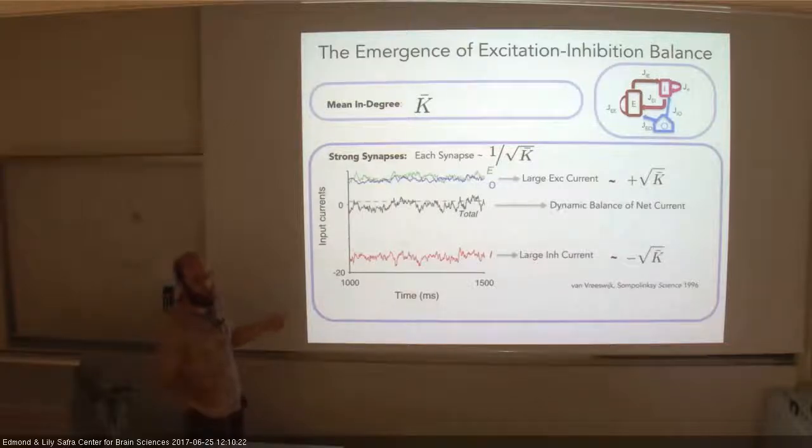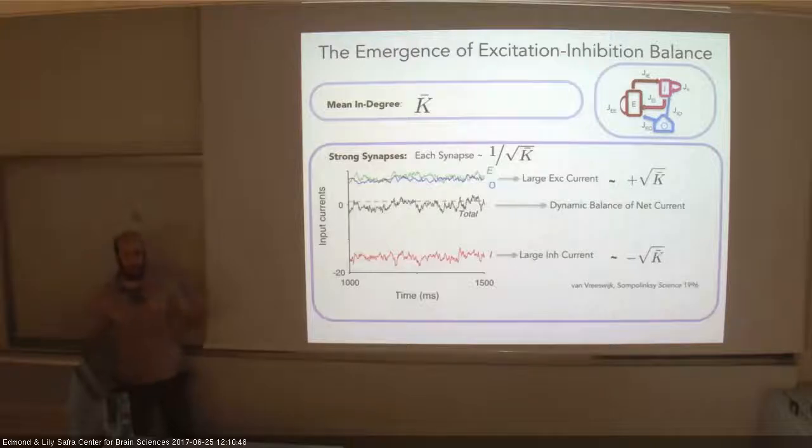But we have strong inhibition, which will also provide a net current of order of magnitude square root k. And what it turns out is that without any fine tuning, as long as inhibition is just strong enough, it's forced to dynamically balance, so that the rates of activity of the inhibitory neurons and the excitatory neurons are matched to exactly balance.